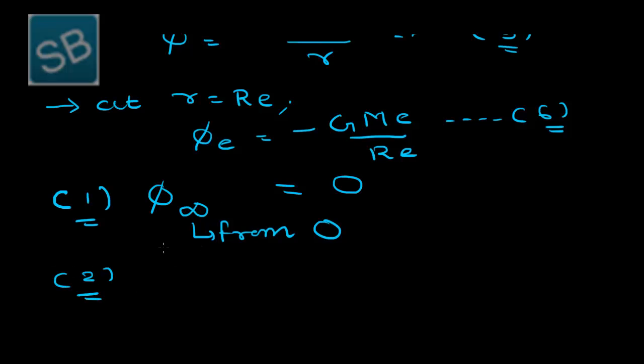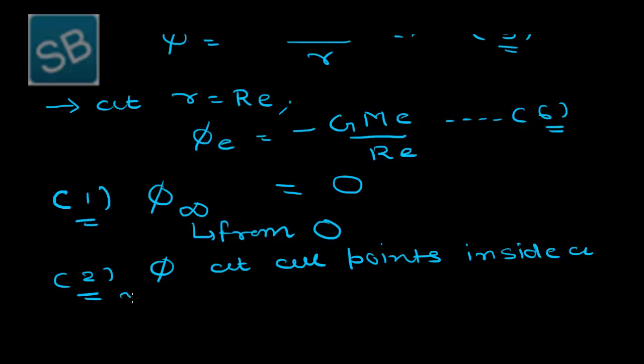And the second is the gravitational potential at all points inside a uniform spherical shell is the same.